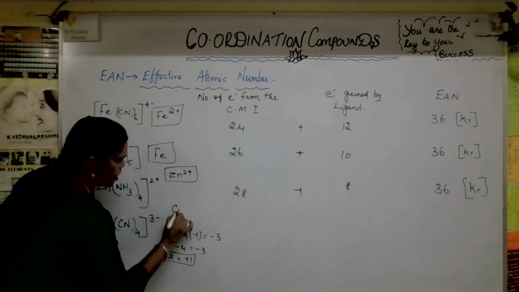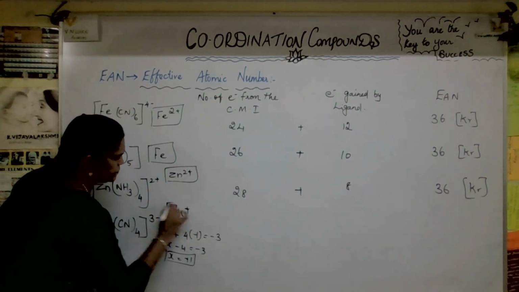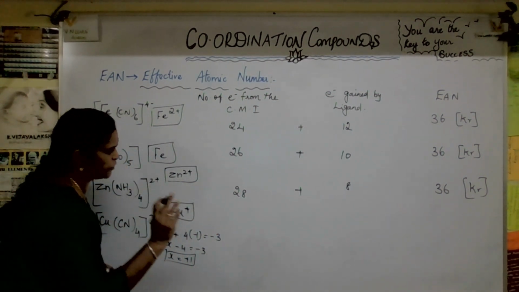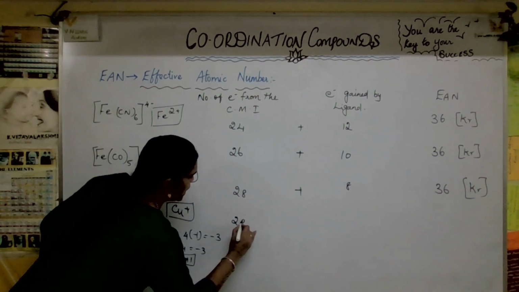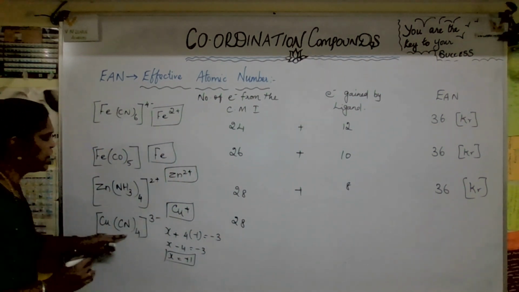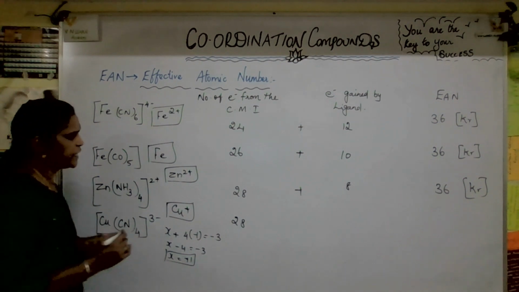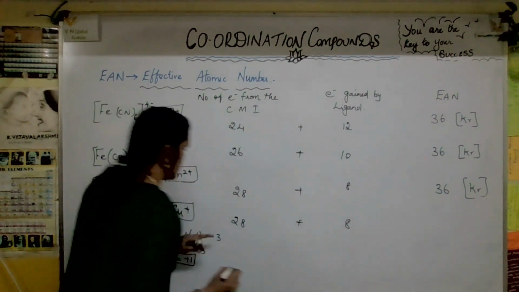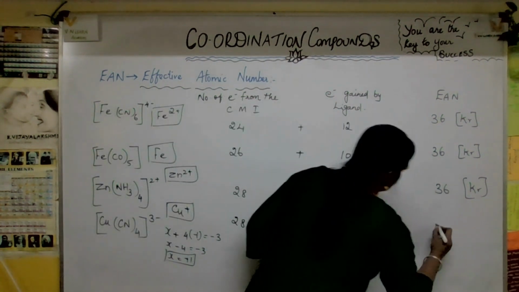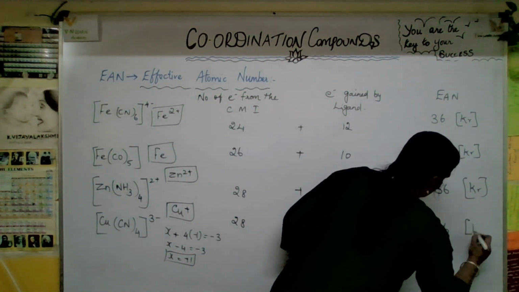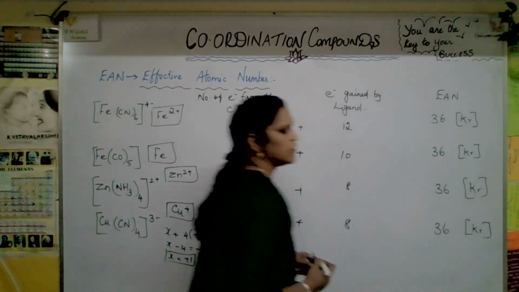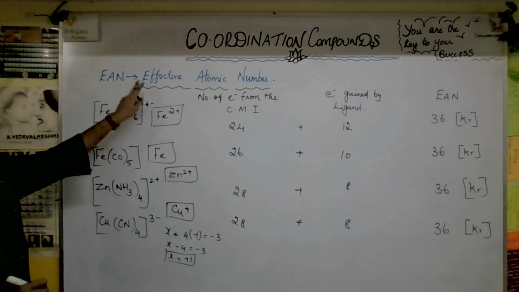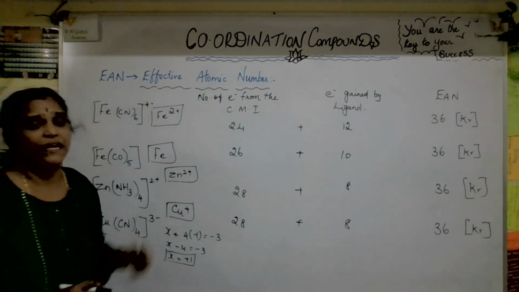Now Cu plus means one electron from the outermost orbital has to be lost, so here 28. How many electrons can the ligands contribute? 4 twos are 8. So 28 plus 8, here also 36. So it is taking the krypton configuration. Hope you're clear with how to find the effective atomic number.